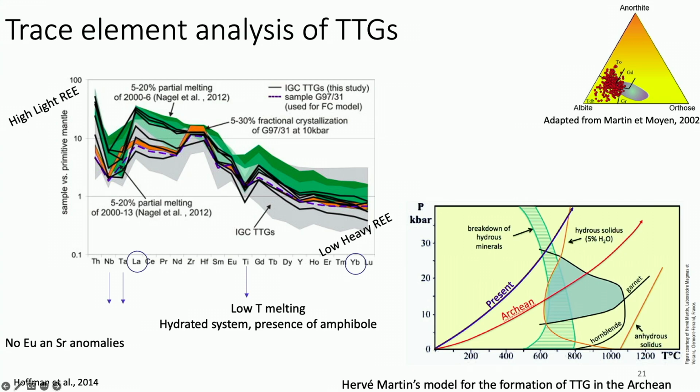You have here this graph that represents pressure as a function of temperature, courtesy of Hervé Martin when he received his prize. You have the current mid-geotherm, the evolution of temperature with depth. You have the Archean geotherm that was hotter, because the Earth was hotter at the beginning due to the initial accretion and the decay of the short-lived elements.